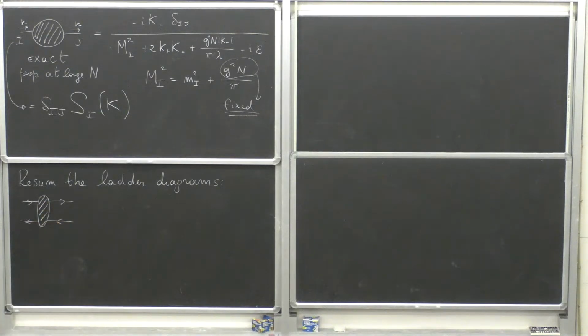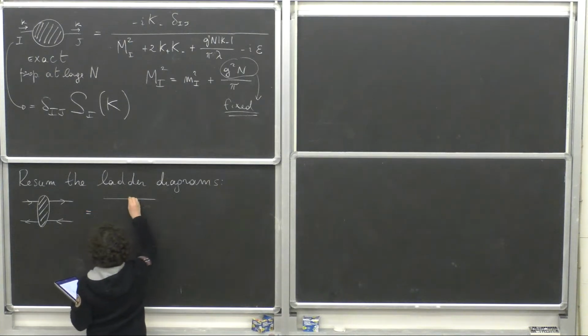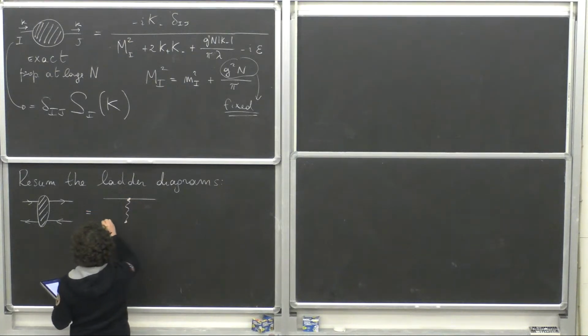This is going to be our exact 4-point function at leading order at Lagrangian. And what is going to be the equation for this?